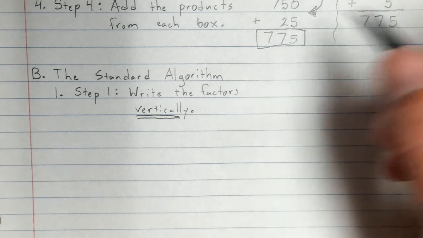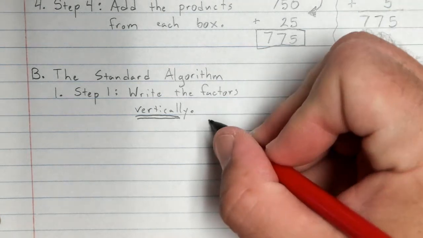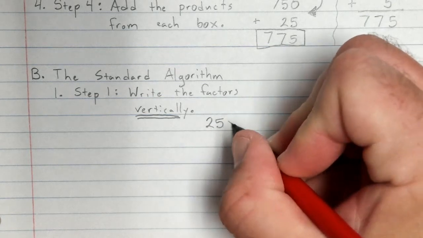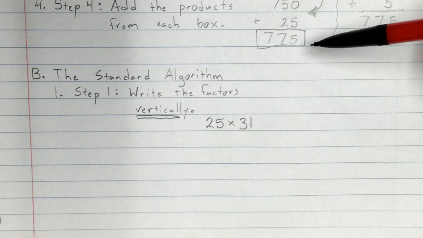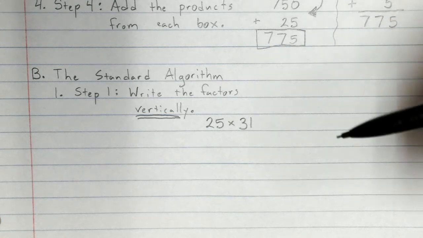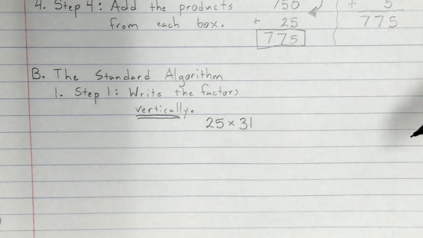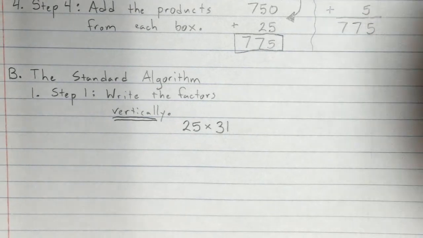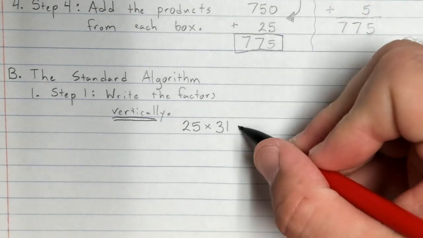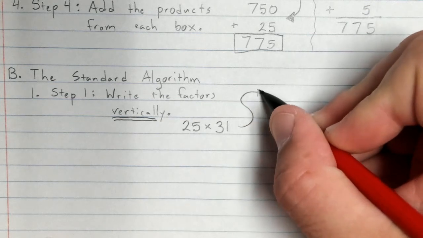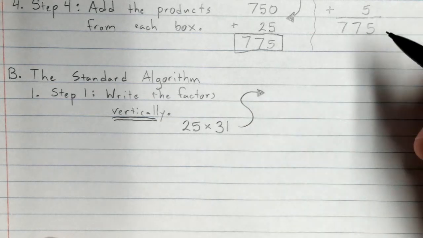Now, I am going to use the exact same numbers, so you already know what this answer is going to be. That's not the point. It's going to be 775, at least if I do it correctly. I want you to watch how it works and how it matches up with the area model. Okay, so let's go ahead and draw one of my wiggly arrows.